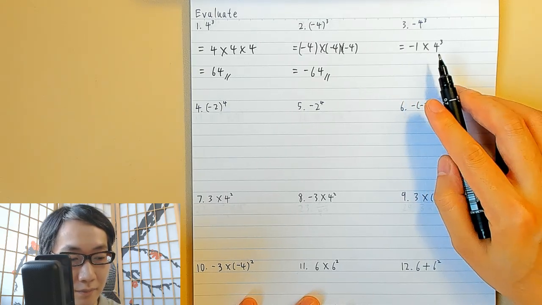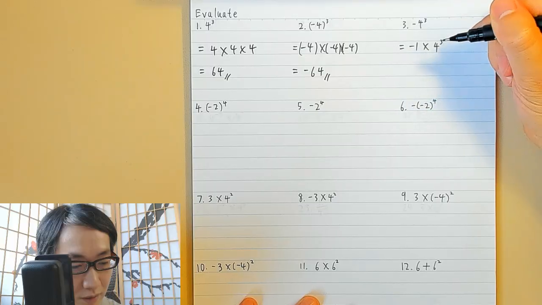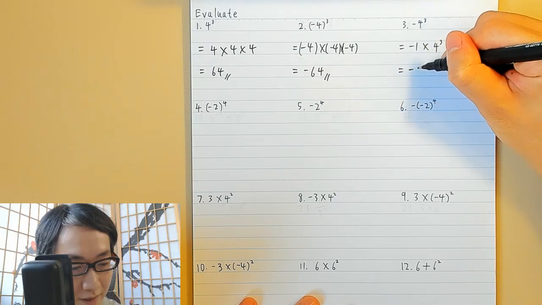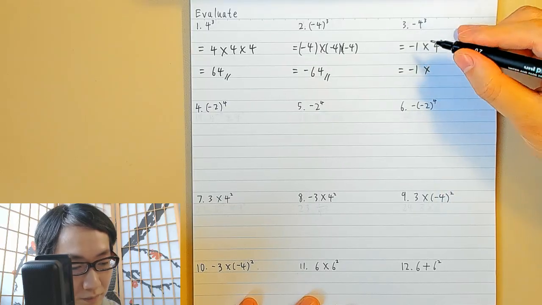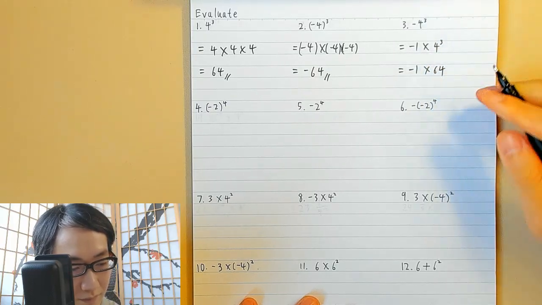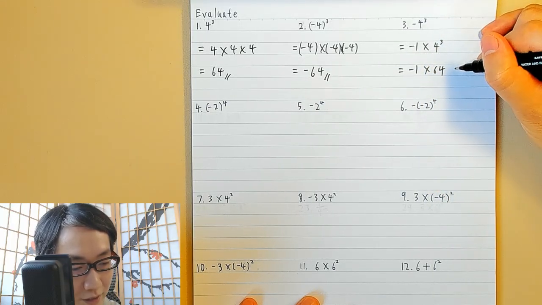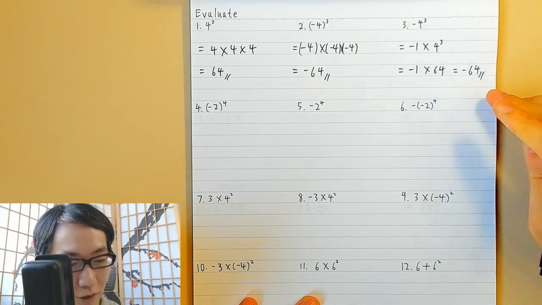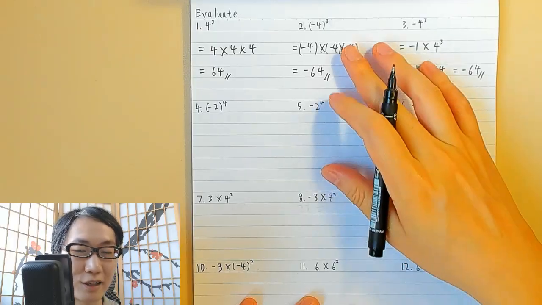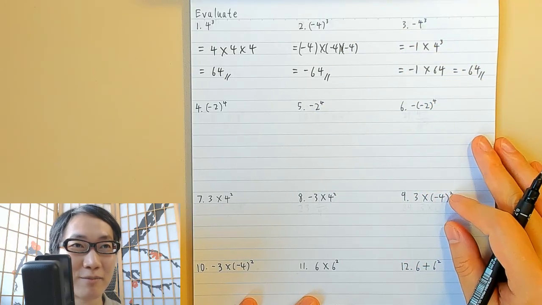So negative 1 times 64 gives negative 64. Although we get the same result, they mean different things.